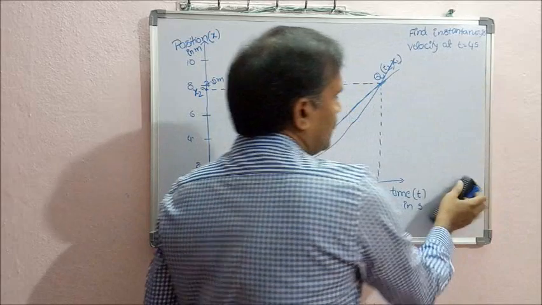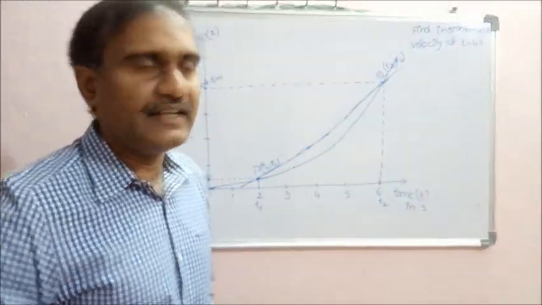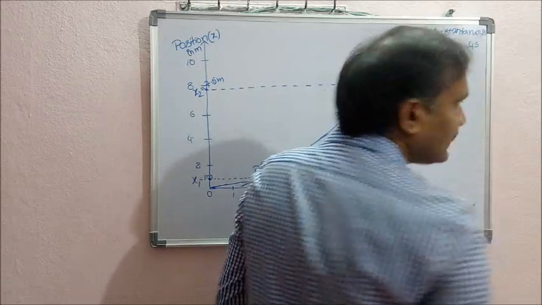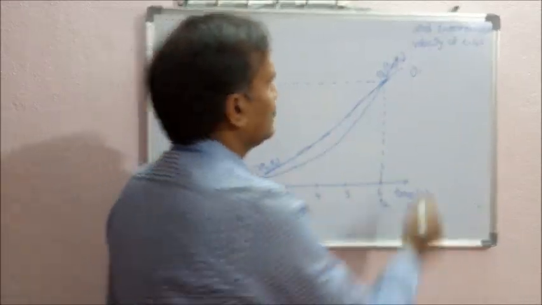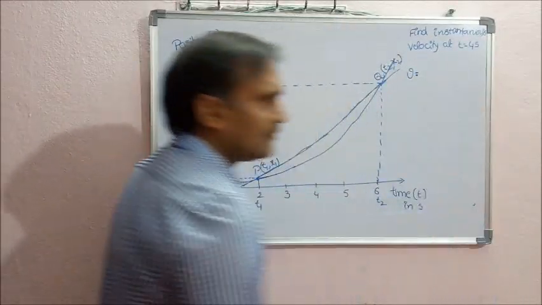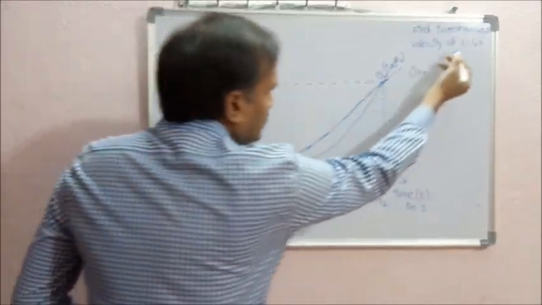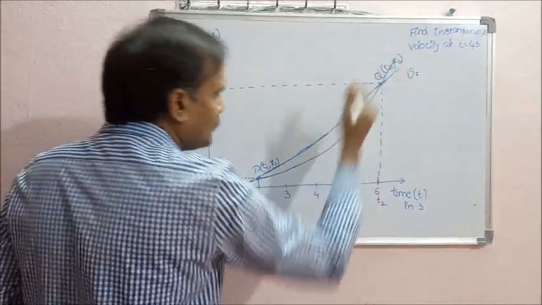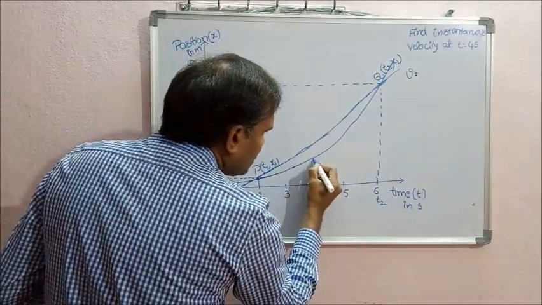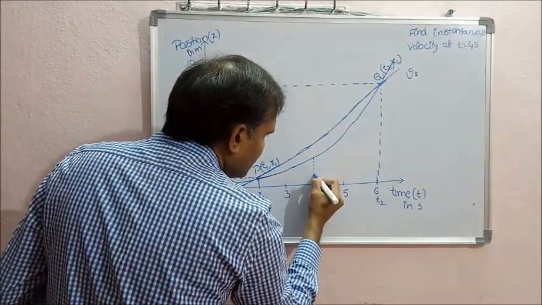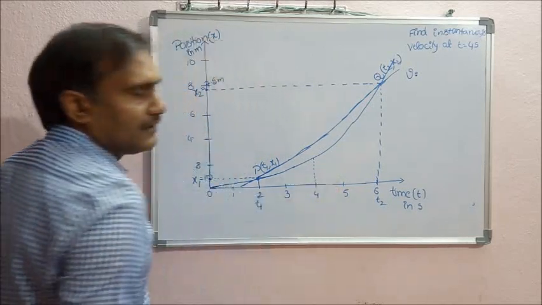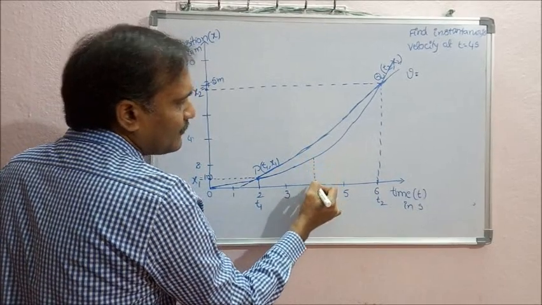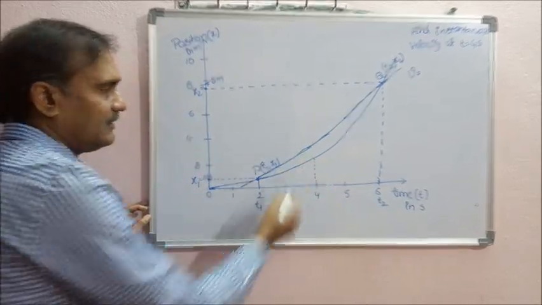Now you tell me how we find out that instantaneous velocity. Instantaneous velocity, v is equal to, okay, listen to me. To find out that instantaneous velocity at t is equal to 4 seconds, corresponding to this t is equal to 4 seconds, you can drop a line from the curve in this manner.